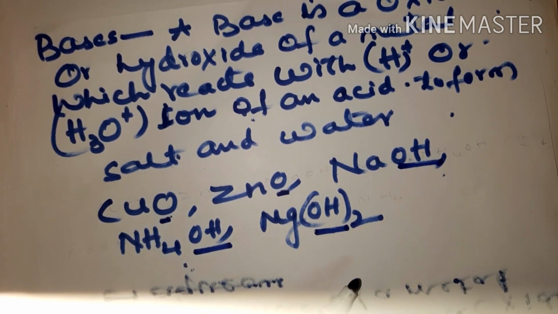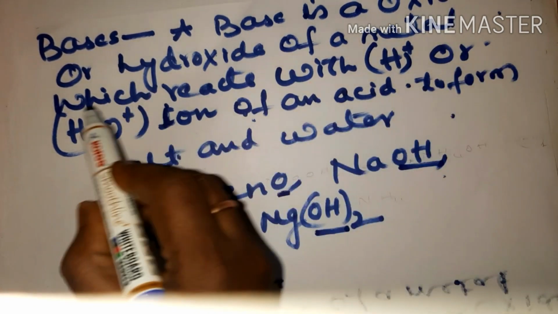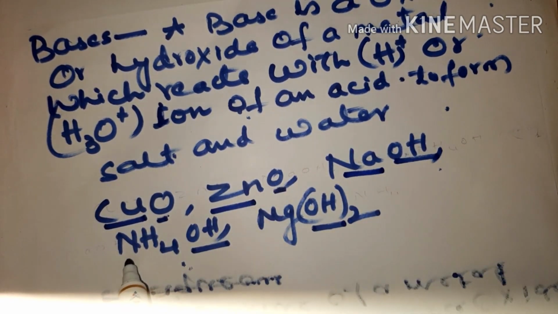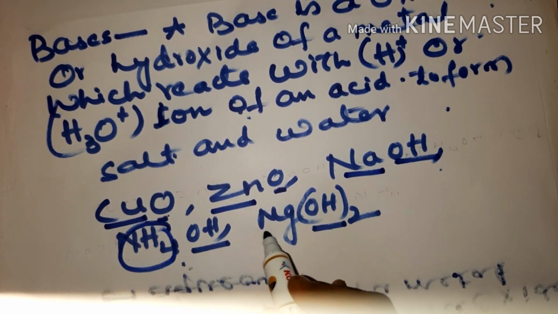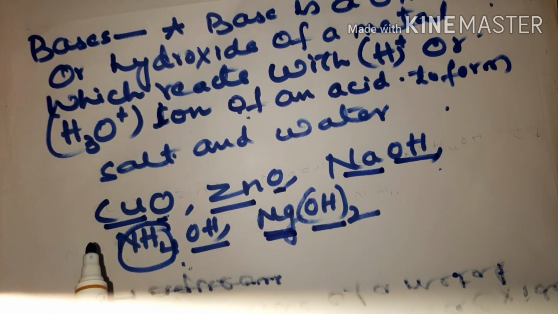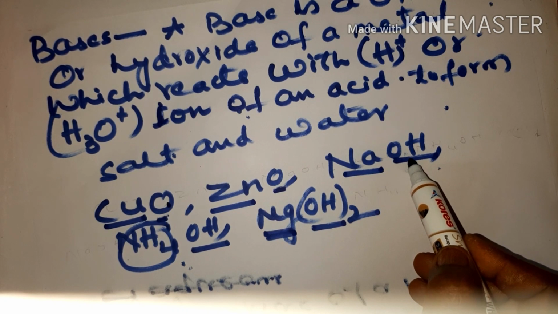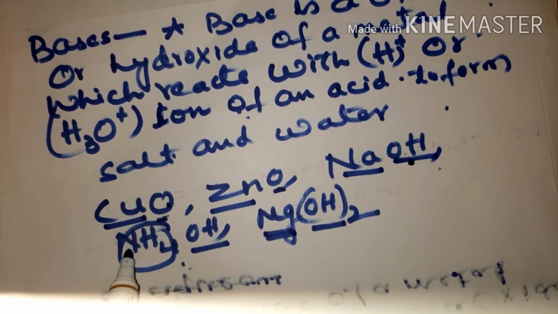Children, these are called bases. A base is an oxide or a hydroxide of a metal, with a metal exception. So bases are substances which contain oxides or hydroxides along with the metal to form salt and water.